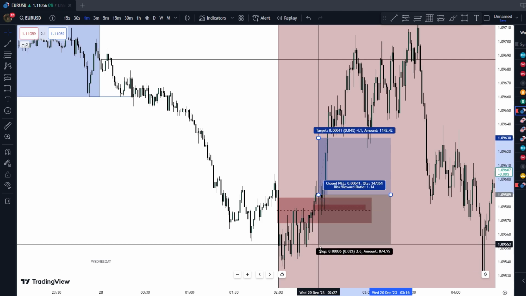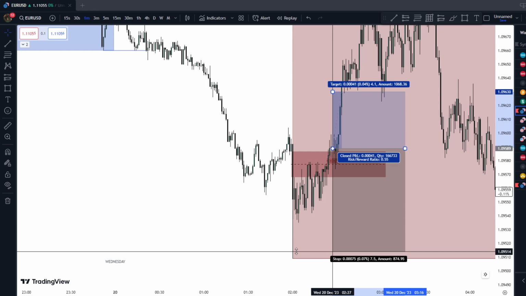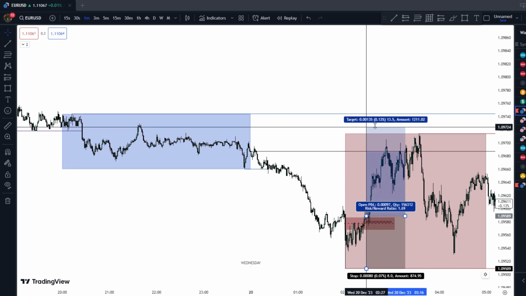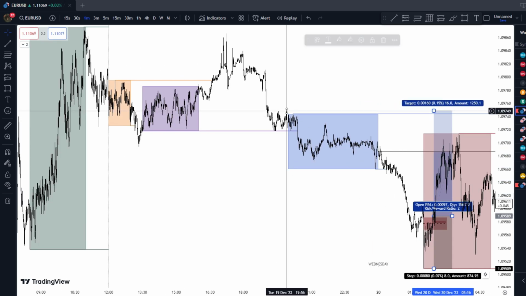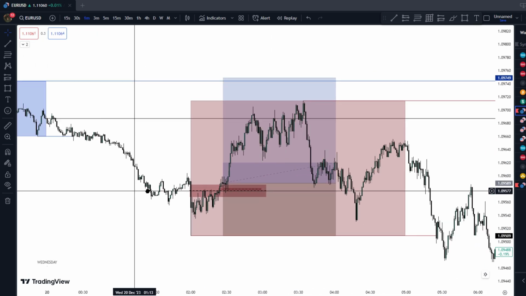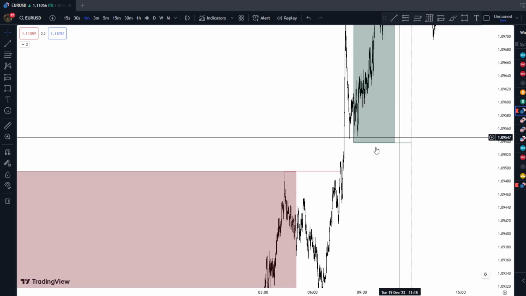I think the stop would mess me up here because this low is really far away. This is a big stop for me to have, and I would target Asian high, these equal highs here. I think this wouldn't be a great day to trade. It might be news, I don't know. I can't see right now.